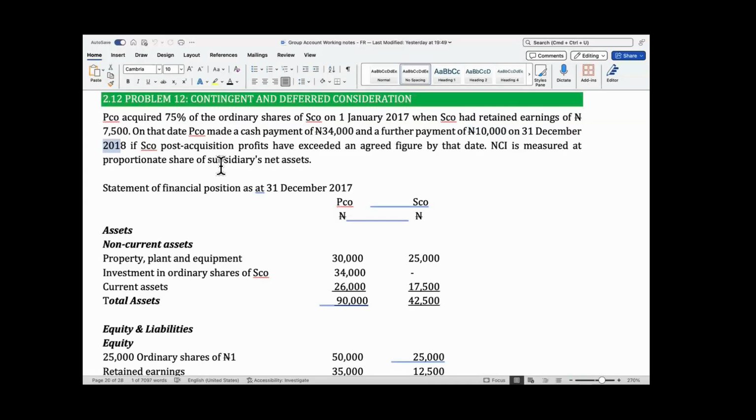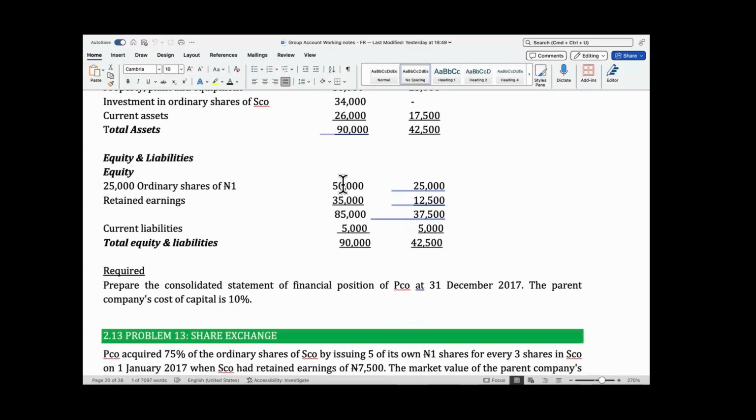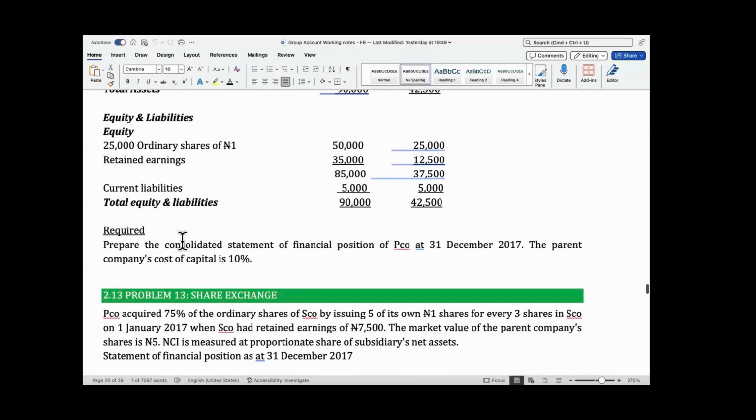NCI is measured at proportionate share of the subsidiary's net assets. The statements of financial position of the two were given, and you're required to prepare the consolidated statement of financial position of Pico at 31st December 2017. The parent cost of capital is 10%.